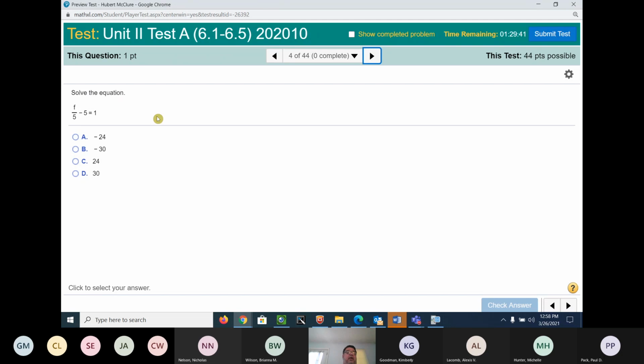That is a two-step equation. You're going to get F by itself. So you're going to bring 5 over and then multiply by 5. Let me bring it over.